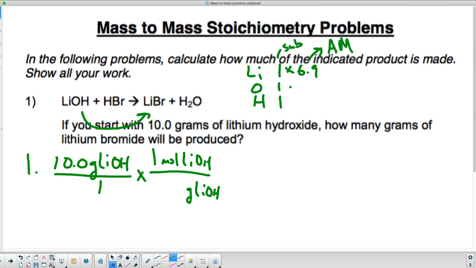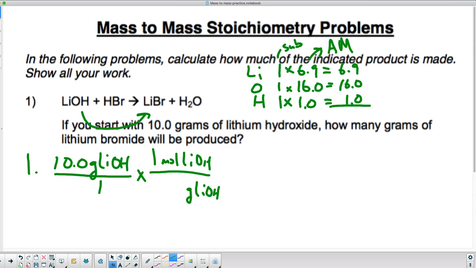Okay, so this is the same thing that we've done before. There's nothing new here. This is the same stuff that we learned a couple of days ago. So all I'm doing is taking the subscript times the atomic mass, gives me the total amount of mass for that element in the compound, 6.9, 16.0, and 1.0. And then I add them all up.